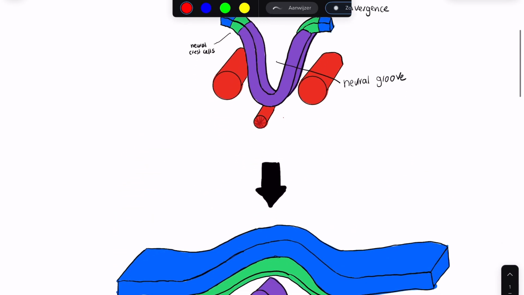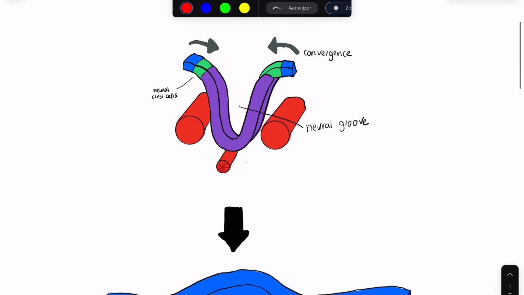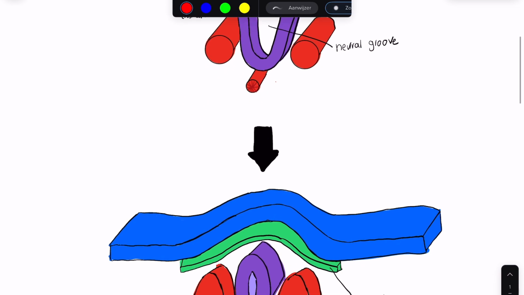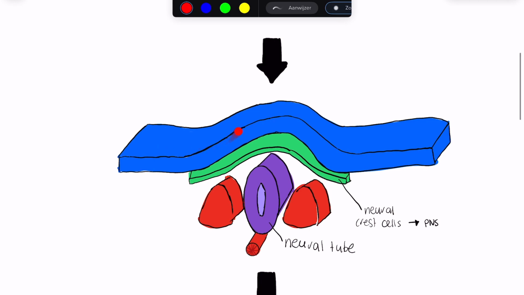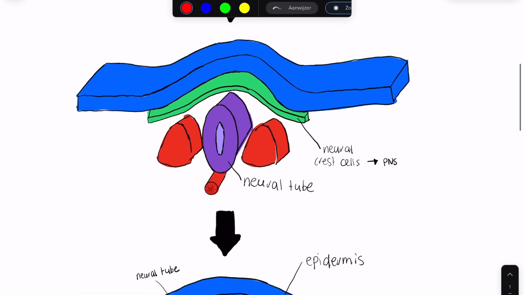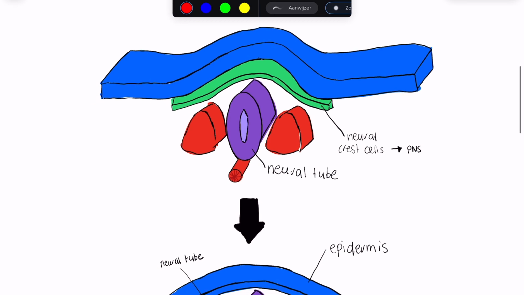Well, then in the next step, what happens is, like here we can see this blue area has eventually been elongated, well, because it's already there, so it has connected to each other now. And then we have this big blue structure, which is still the ectoderm. And underneath the ectoderm, you have the neural crest cells, which is also kind of a different layer that will differentiate into the spinal ganglion in the next step.